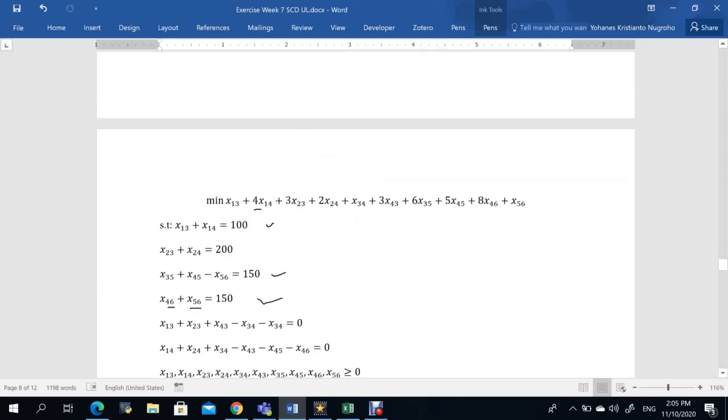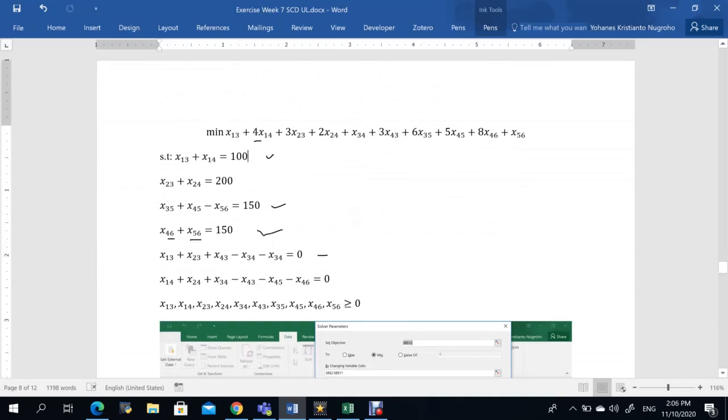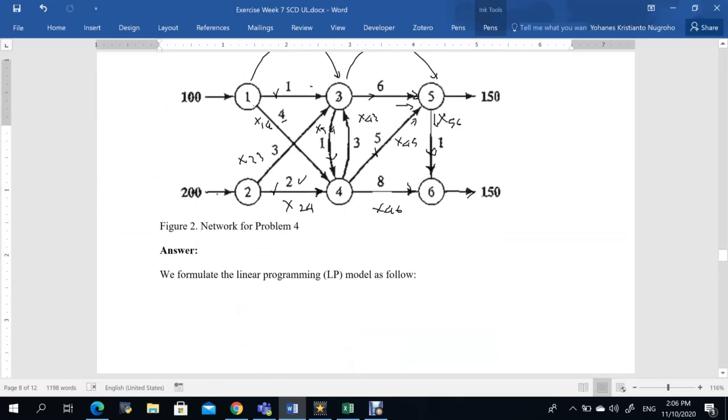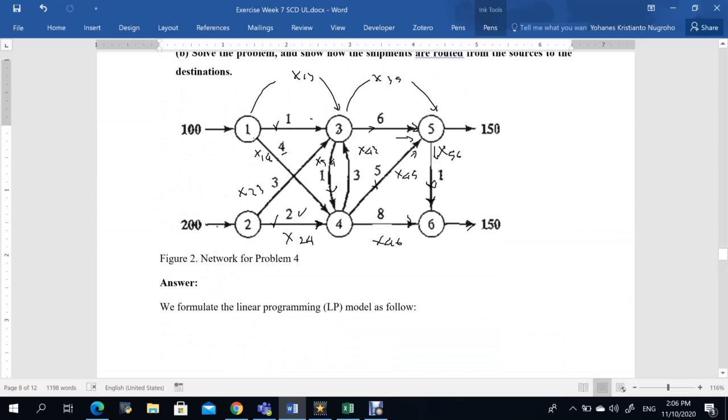And the next two constraints are material balance for nodes number 3 and number 4, right? So any entering material from nodes 1, 2 and 4 should equal the amount of material out from node 3 to 5 and also to 4.